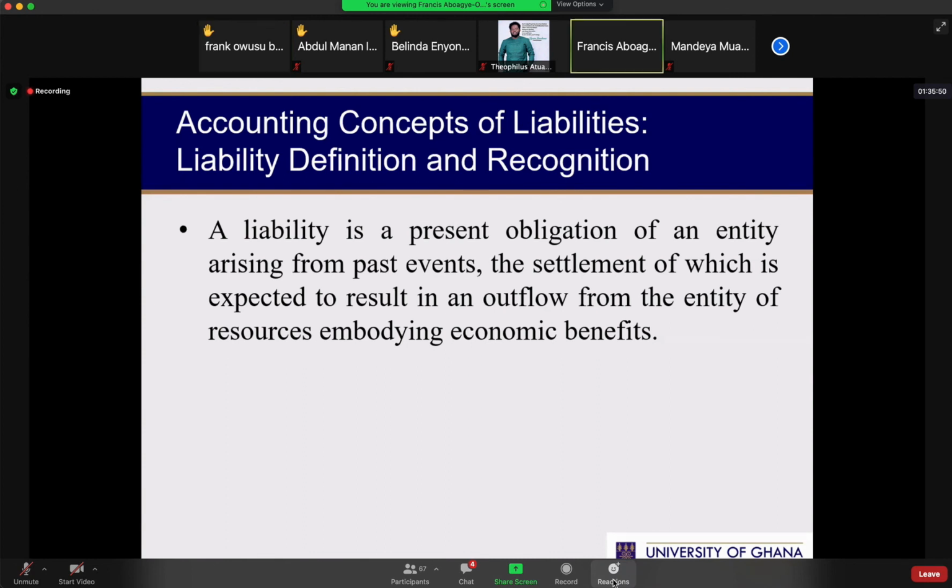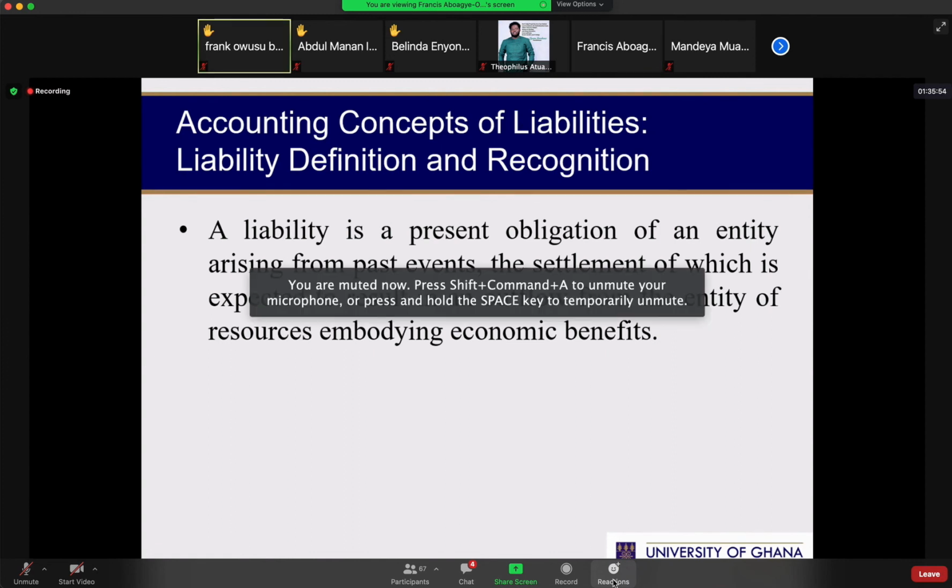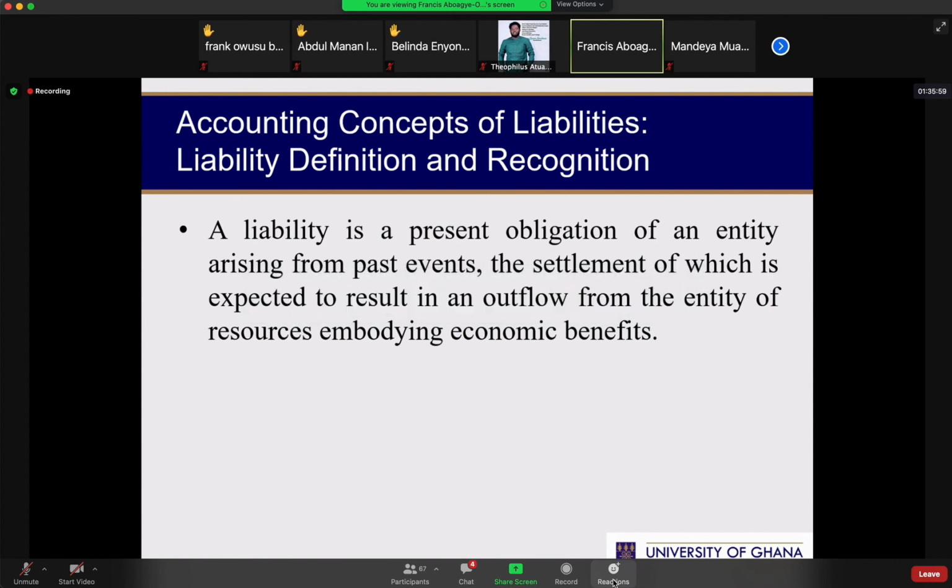Okay, all right. So the obligations that you have to settle, as a result of some past events or transactions, and if you're going to settle, it will lead to an outflow of resources. So that is the definition for liabilities.